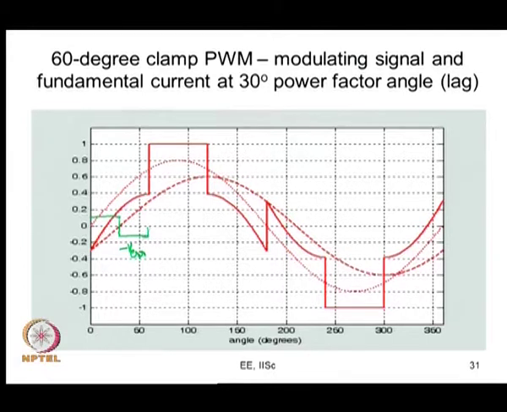In this duration, the R phase is not switched at all. Therefore, it is like this. Now, what happens? The direction of current has changed. Let me be clear, where is the direction of current? Yeah, this is the current waveform. Up to this point is negative. Here it changes, and therefore, the error becomes positive. Here it is like this up to this point.